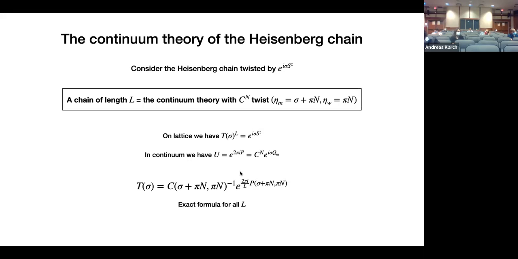And we get the exact formula for the lattice translation. So there's a continuous translation that we kind of expect. And we also have this C, but now in the presence of all these twists. And the formula for C, we also derived earlier in the continuum theory. So now we have just an explicit formula for the lattice momentum for the low energy spectrum of the Heisenberg chain.